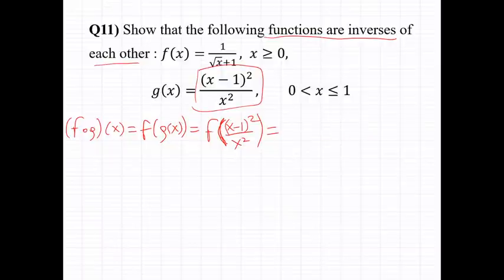Now here, instead of x, we put the whole term, x minus 1 squared over x squared. Now x changes to this one, so we have to do the same thing here. So then it will give us 1 over the square root of x minus 1 squared divided by x squared.